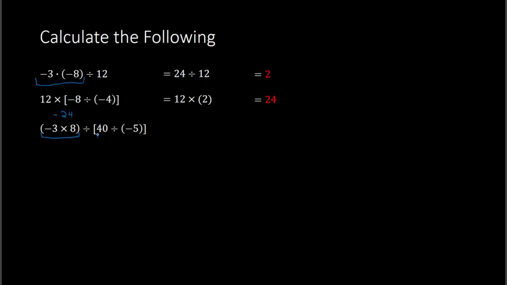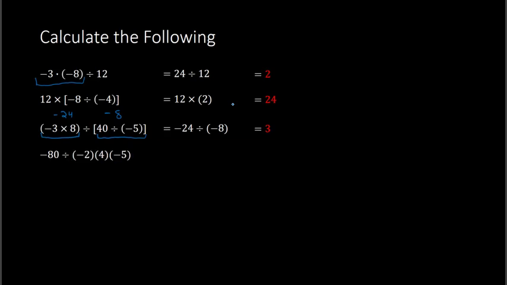And then over here in this bracket, 40 divided by negative 5, two different signs, so it's going to be a negative number, and then 40 divided by 5 is 8. So I now have negative 24 divided by negative 8. So we now have two negative numbers being divided together, and because the signs are the same, that means my solution will be positive. And then 24 divided by 8 is 3, so my solution would be a positive 3.